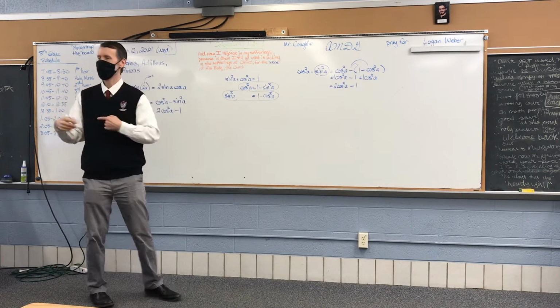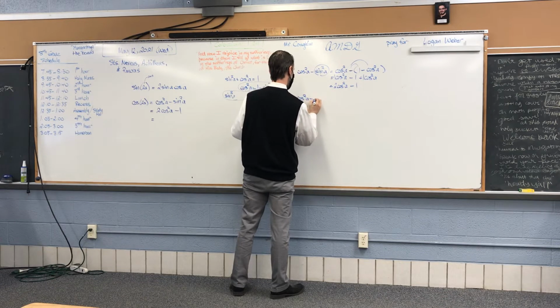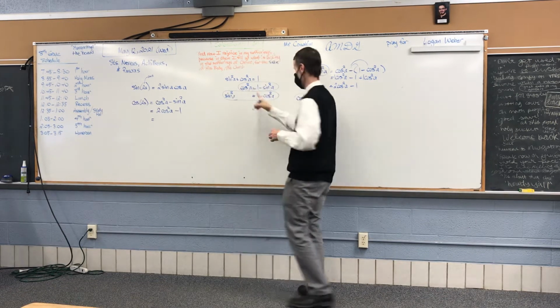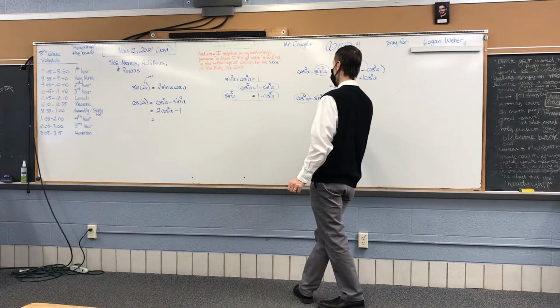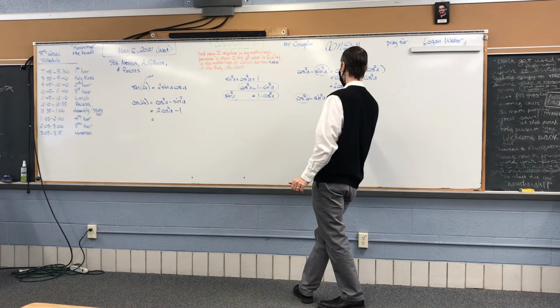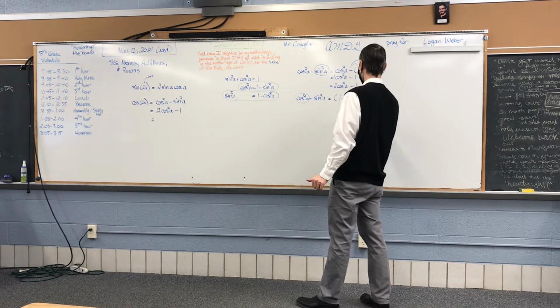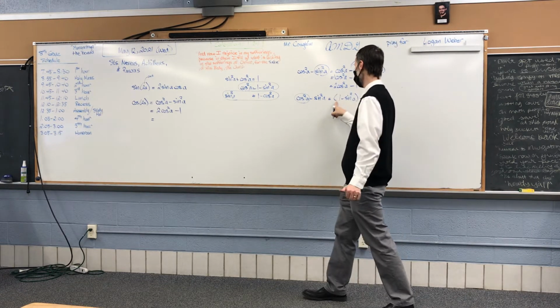So what happens if you plug in the other one? What if you plug in cosine squared? It would be 1 minus sine squared of a minus sine squared of a. These are actually like terms. You don't really need the parentheses.